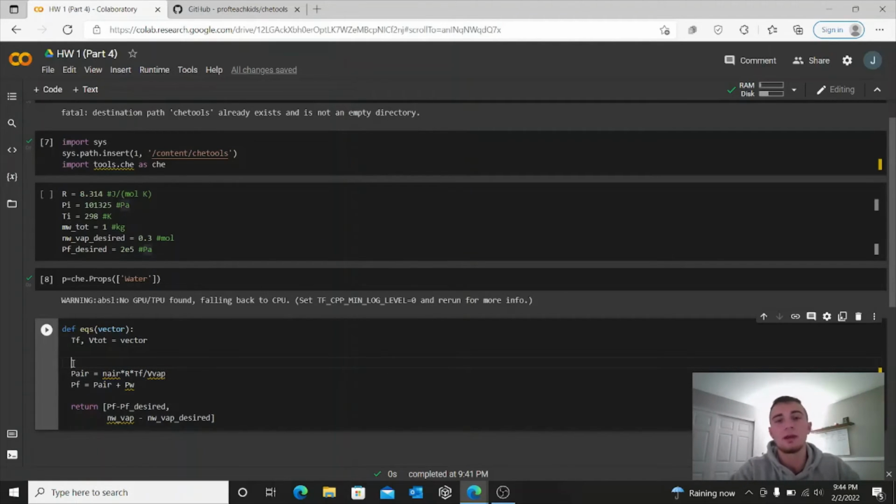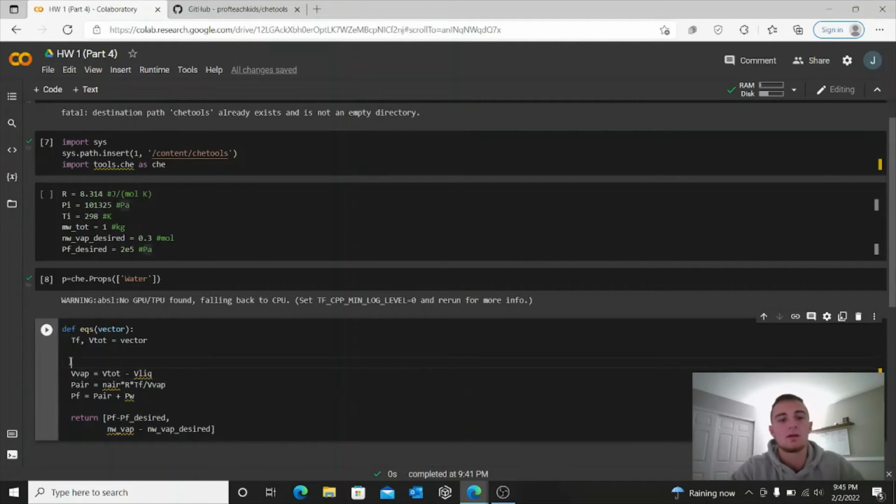Now we also had a relationship for the volume of the vapor phase, which was the total volume, V total, minus the volume of the liquid phase. Okay. Now if you remember, we also had a relationship for the volume of the liquid phase.